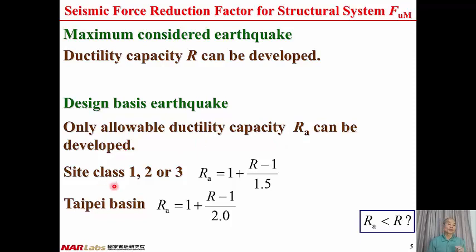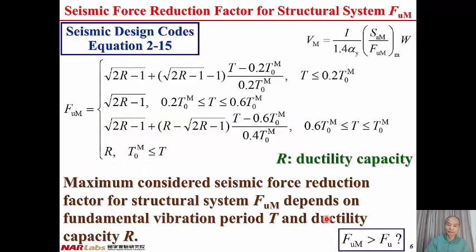For site class 1, 2, or 3, RA equal to 1 plus R minus 1 divided by 1.5. For Taipei Basin, the allowable ductility capacity RA equal to 1 plus R minus 1 divided by 2.0. My question is, is RA always less than R? Is allowable ductility capacity always less than ductility capacity R?